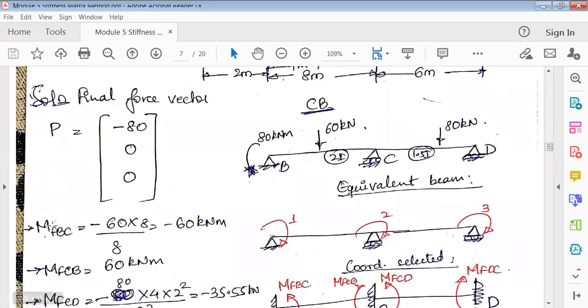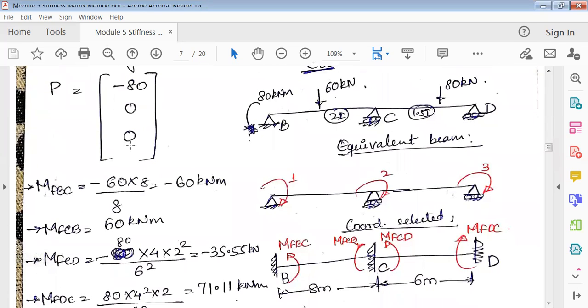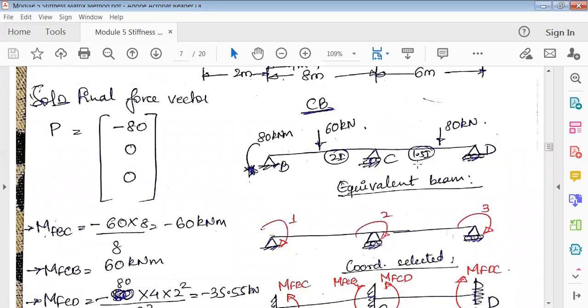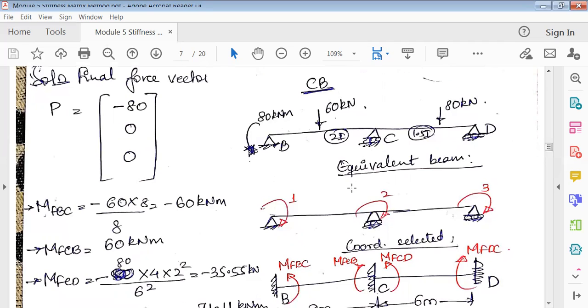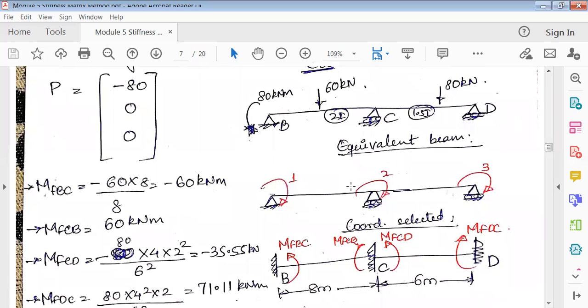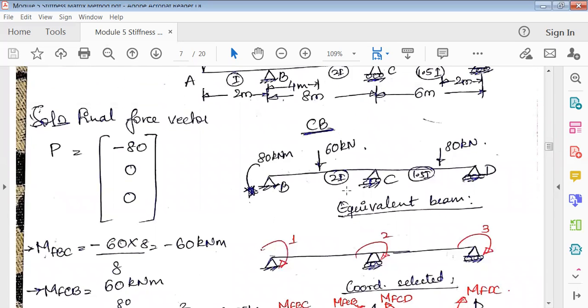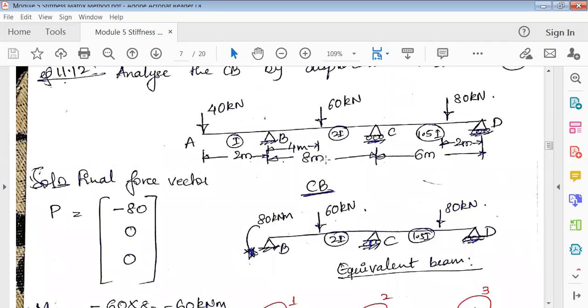Once you find out this P, next is to find out the fixed end moments. So first find out MFBC. So it is minus WL by 8. It is acting exactly at the center.